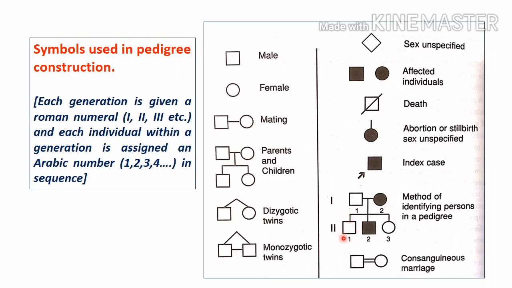It means if this son is given number 1, he was the first born, then the second son was born, and then the last was the daughter, and this second son is now colored, it means this son is deceased.